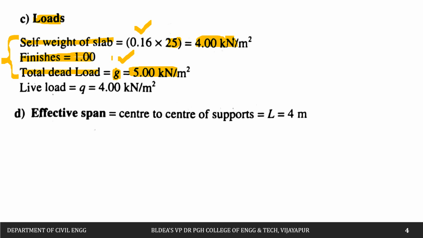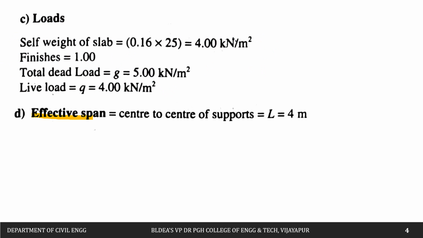Because while calculating the moment using moment coefficients, we have different coefficients for dead load as well as for live load. So here we have not clubbed the dead load and live load, we are calculating separately. Further, based on the coefficients, we will calculate the moment due to dead load separately and live load separately. The live load given is 4 kN per meter square.